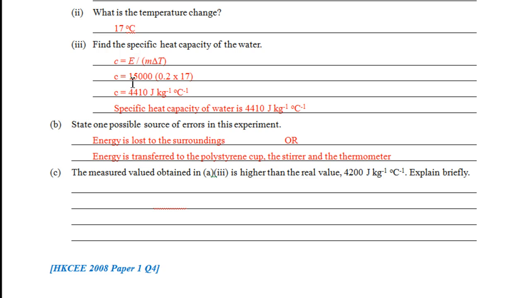In this case, energy is lost to the surroundings. So compared to an ideal experiment, we need extra, or you may say additional, energy to heat up the water. So when we use more energy, the calculated specific heat capacity becomes larger than the real value.